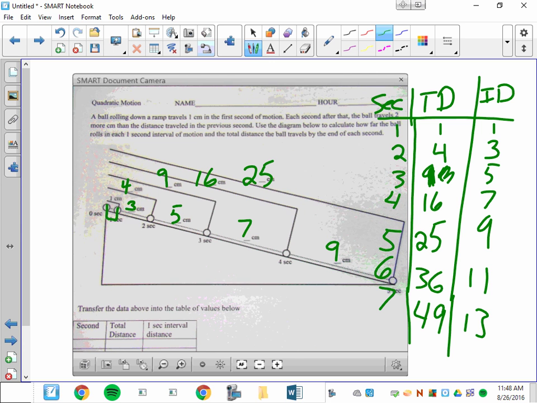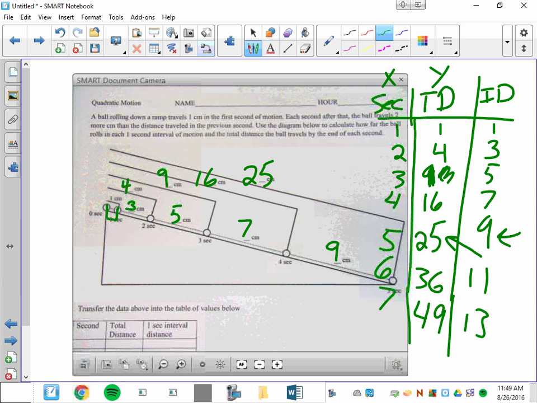So we already are at 25, and the next second it will be 11 more, which is 2 more than it was last time. So we went 9 centimeters in that second. Every second is 2 more than the previous second. So 11, and we take that 11 and add it to 25 to get 36. And then 36 plus 13 is 49. Okay? So this would be our X list, and this would be our Y list.